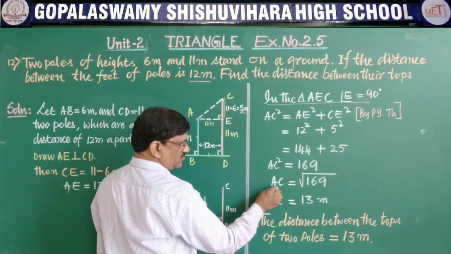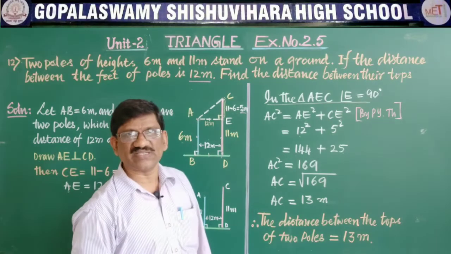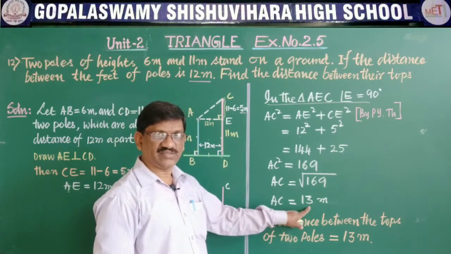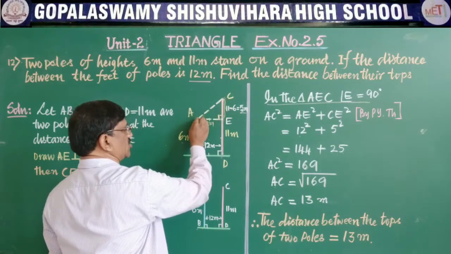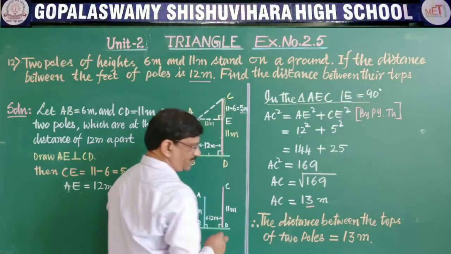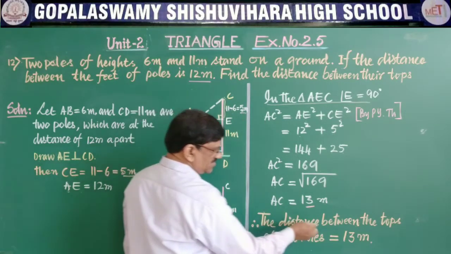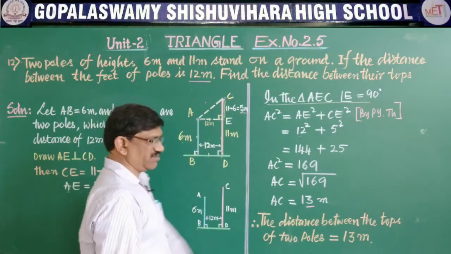Then AC is equal to the square root of 169. You know that the square root of 169 is 13. So therefore AC, the distance from A to C, that is the tops of the poles, is equal to 13 meters. Therefore the distance between the tops of the poles is equal to 13 meters.